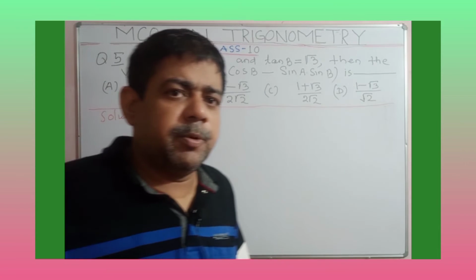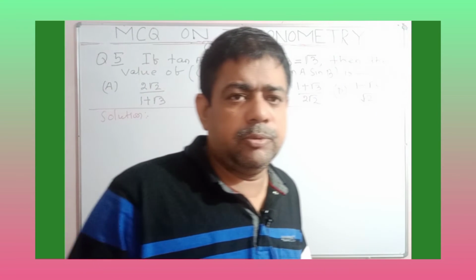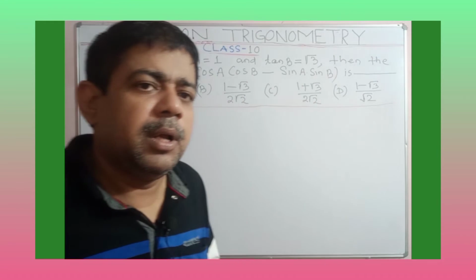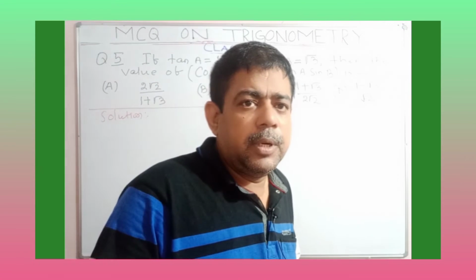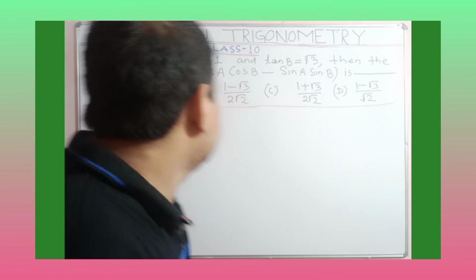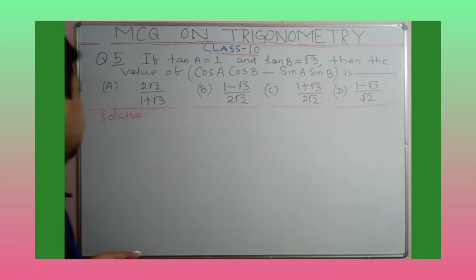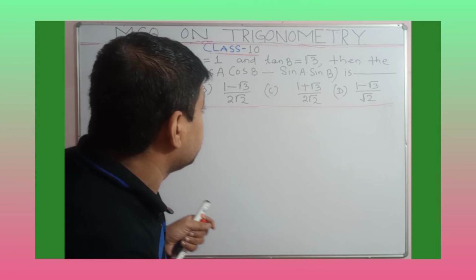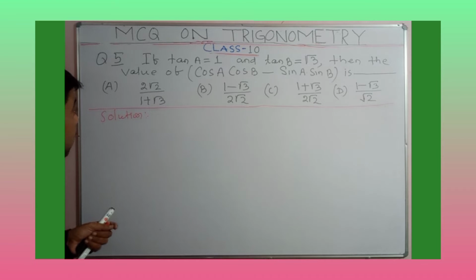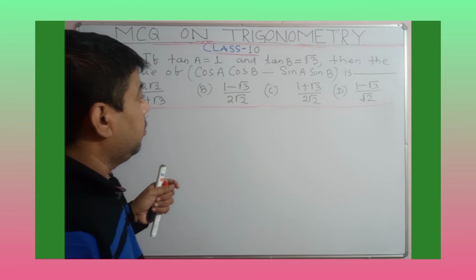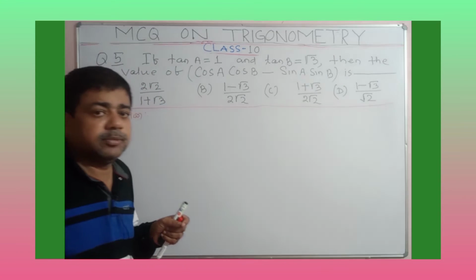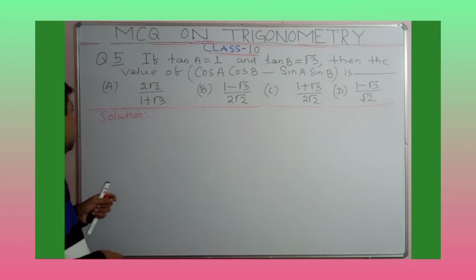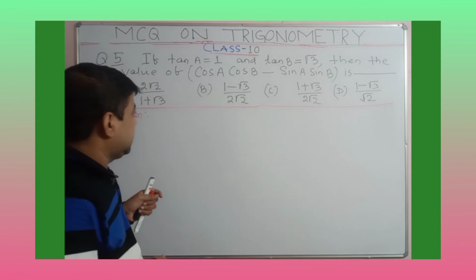So question number 5, the next question I am going to explain for you. Here is an MCQ question on the trigonometry of class 10. Question number 5 is: if tan A is equal to 1 and tan B is equal to root 3, then the value of cos A into cos B minus sin A into sin B is. There are 4 options given.